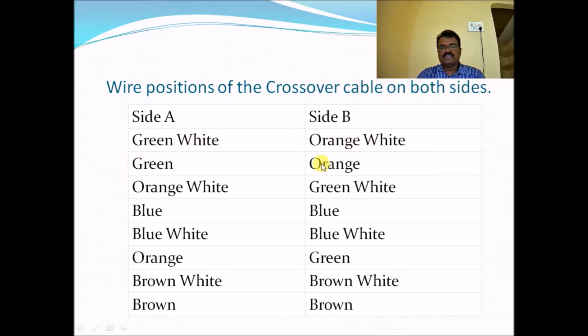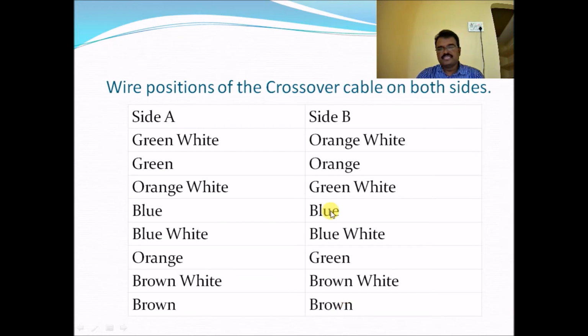Here we are using green, here we are using orange, and here we are using orange white, here we are using green white, and this blue and blue are the same, blue white and blue white are the same. Here this is different: here we are using orange, whereas on side B we are using green. And brown white and brown white are the same, brown and brown are the same.